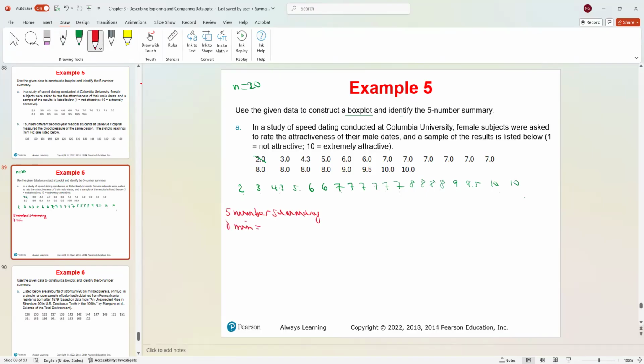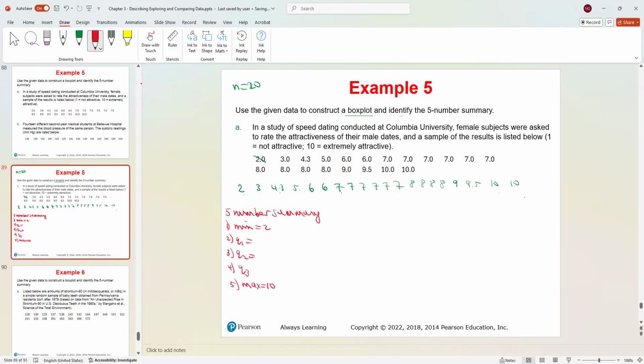For us, the minimum is 2. Of course, we're looking for Q1, Q2, Q3, and the maximum. The maximum would be the largest number in the data set, which is 10. Now that we know these two, we can find Q1, Q2, and Q3.